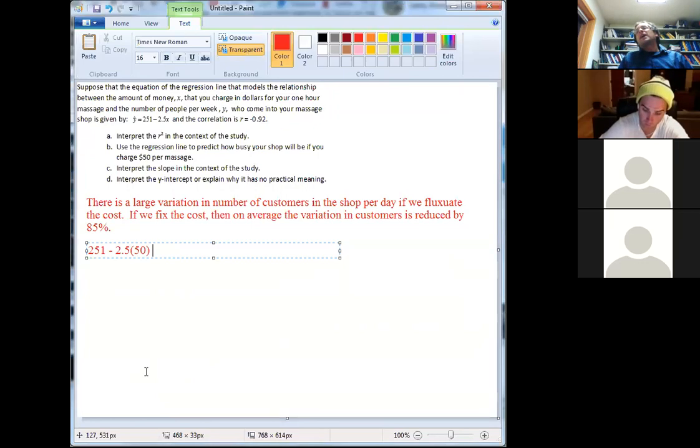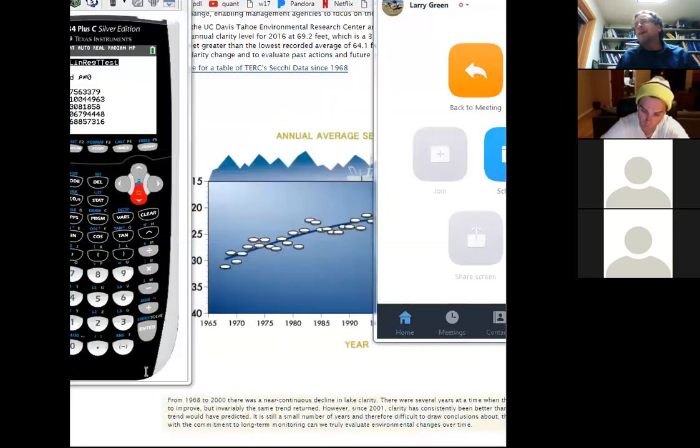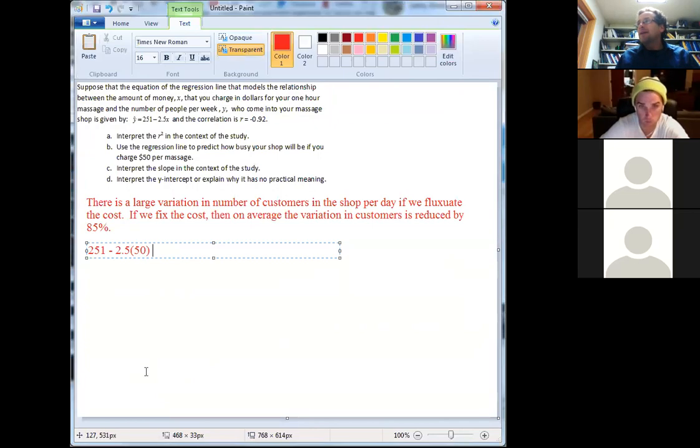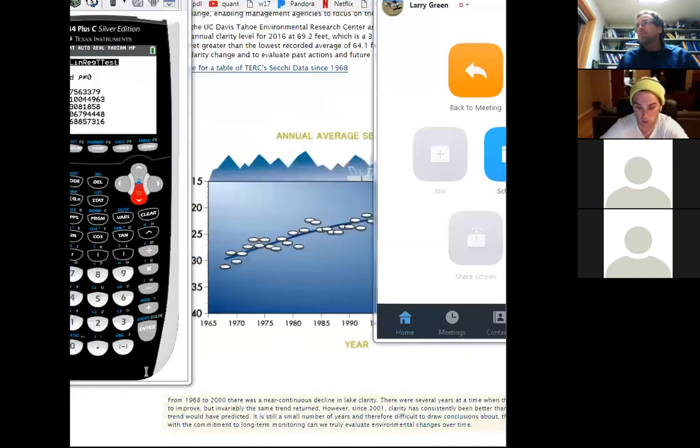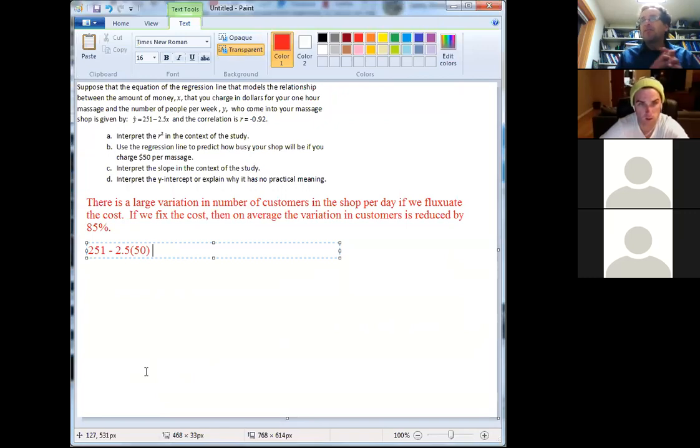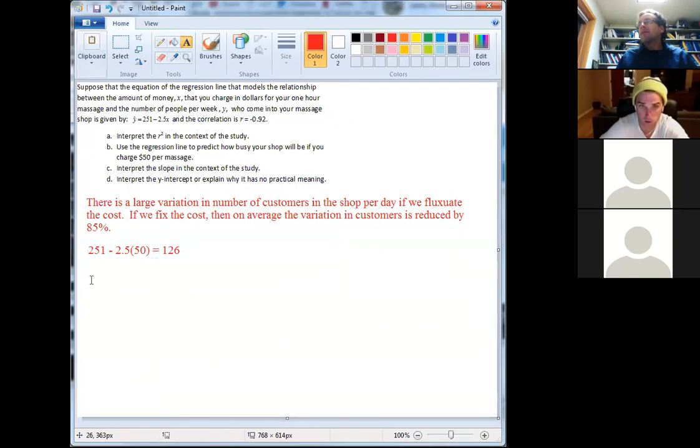And you can stick that in your calculator. 2.5 times 50 is 125. So 251 minus 125 is 126. Hopefully I did it in my head right.